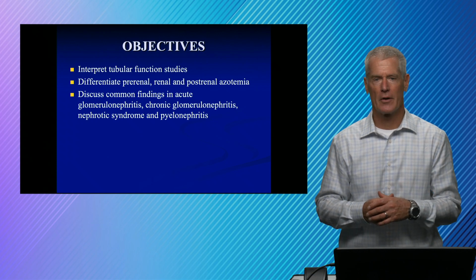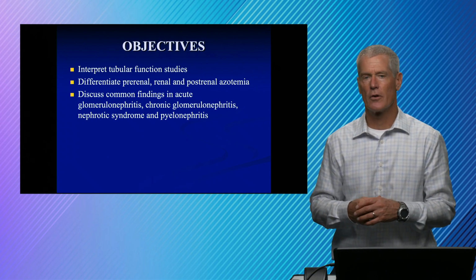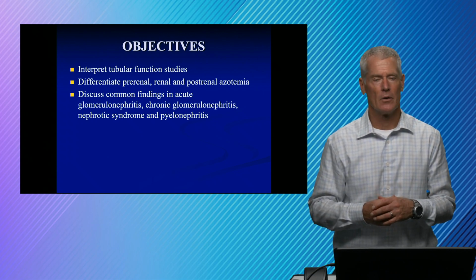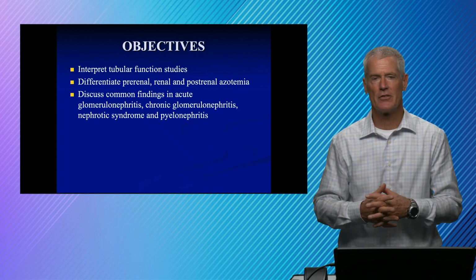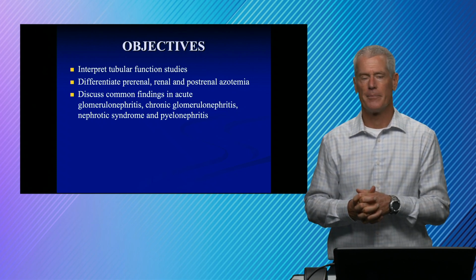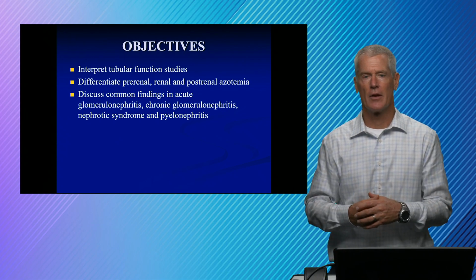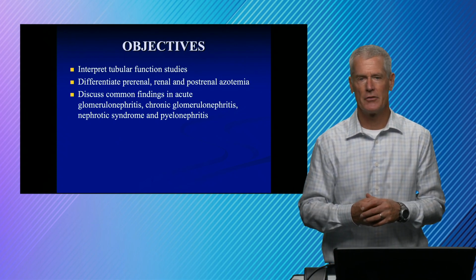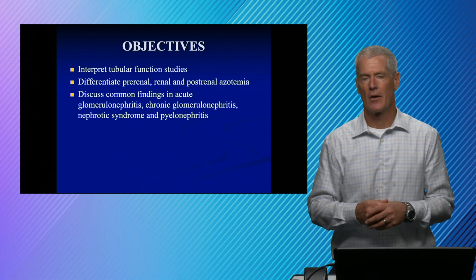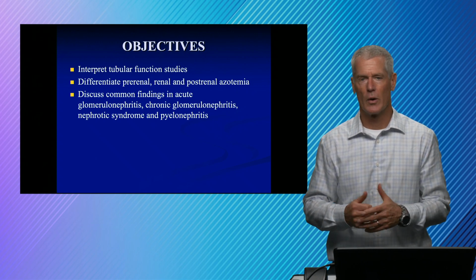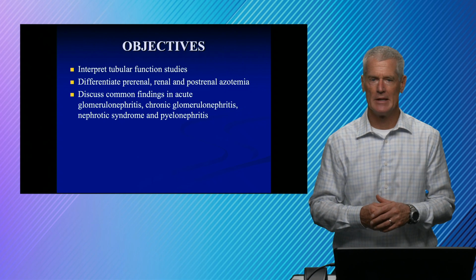Chronic glomerulonephritis is a long-term disease process. Maybe your patient has diabetes, and they've had insults to their kidneys for years, and they're on the pathway to developing end-stage renal disease, and their laboratory values are quite striking and reasonably easy to identify.